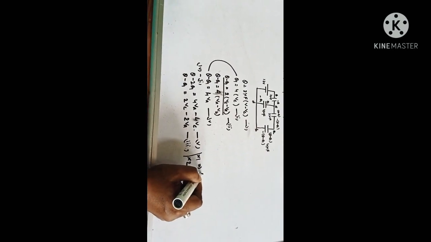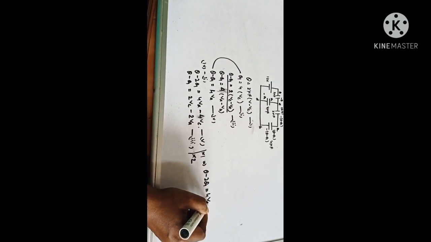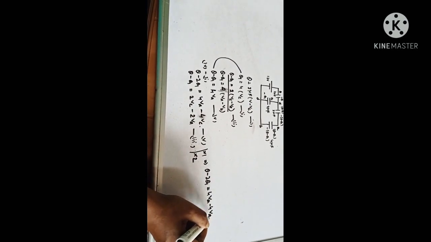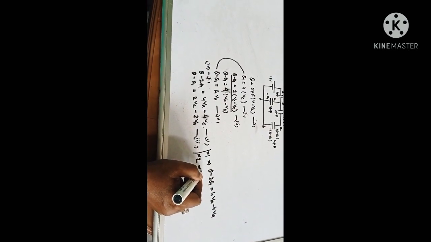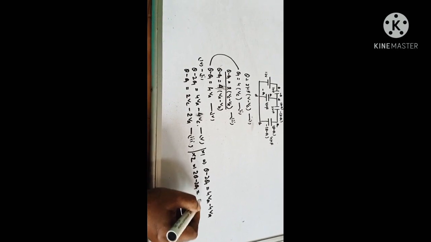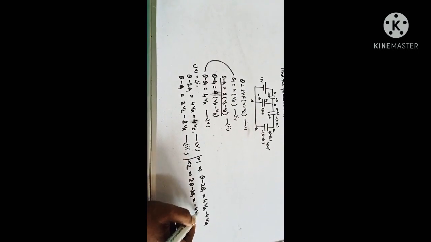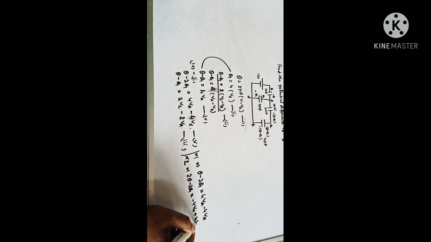I get q minus 2q1 is equal to 4va minus 4vc, and this will be 2q minus 2q1, minus 4va and plus 4vc.